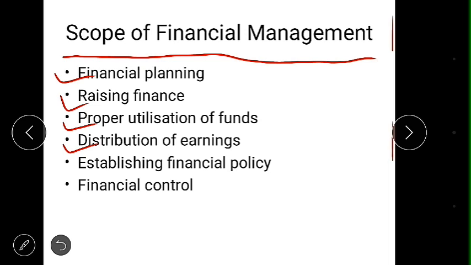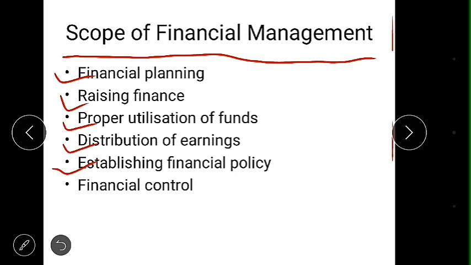Distribution of earnings. There are basically three things to be considered. How much amount is to be kept as reserve, how much amount is to be distributed as dividend, and how much amount is to be reinvested in business as retained earnings. Establishing financial policy.